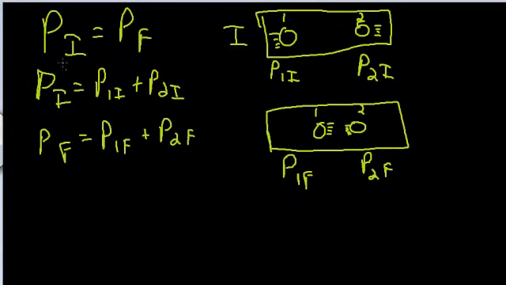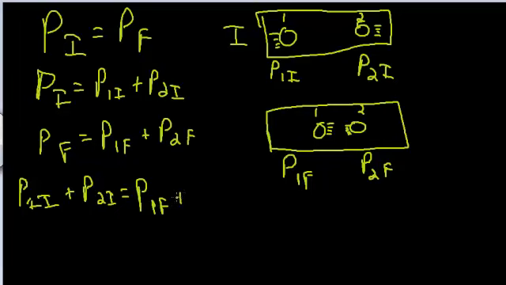Now, a little bit of substitution. Take these two, bring it up here. We can see that the initial momentum P1I plus P2I equals the final momentums, P1F plus P2F.